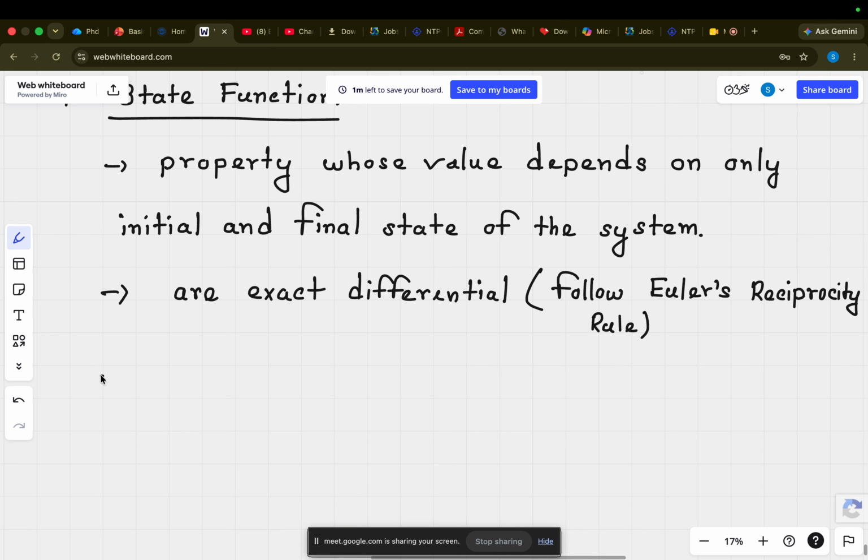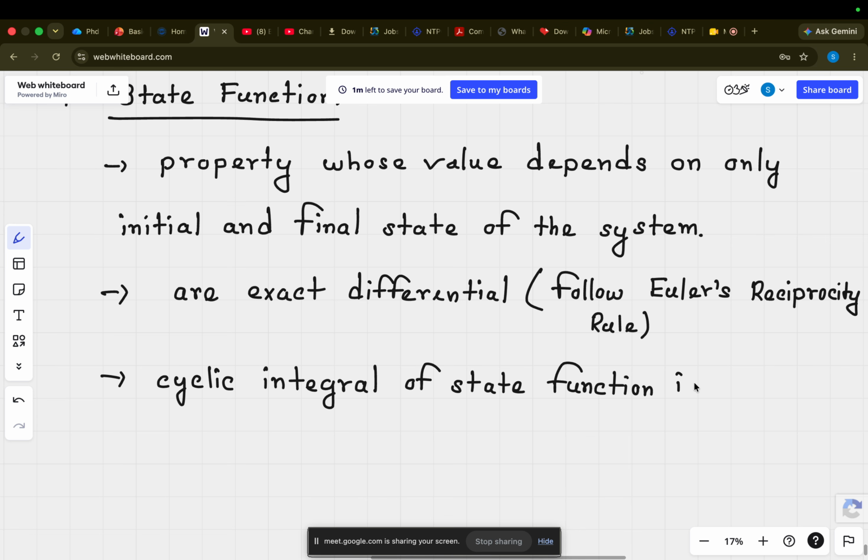And the third point, cyclic integral. If you do cyclic integration, the cyclic integral of state function is 0. Cyclic integral of state function is 0.